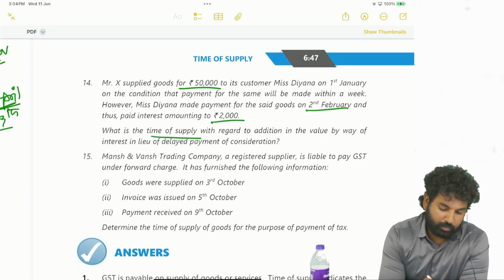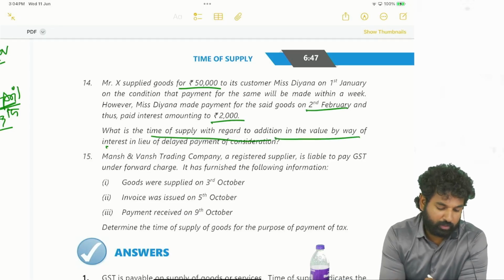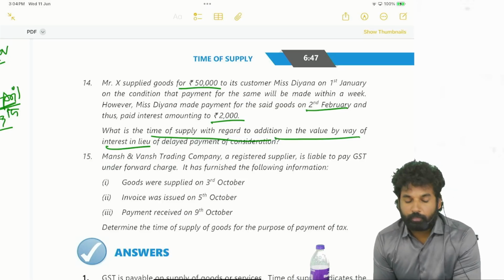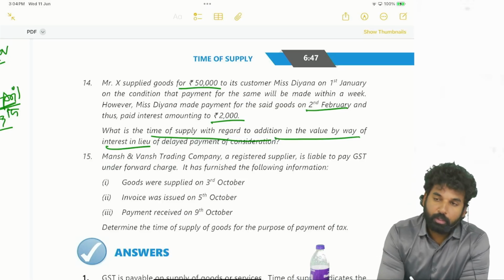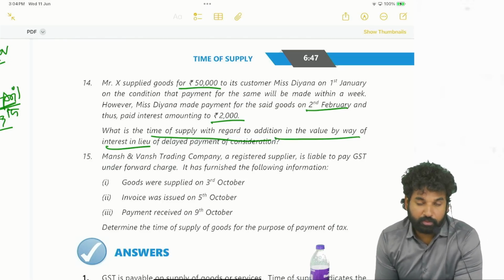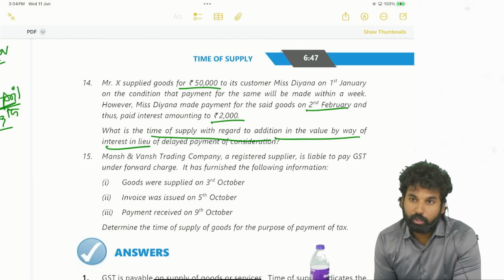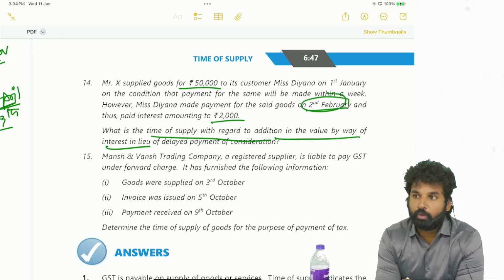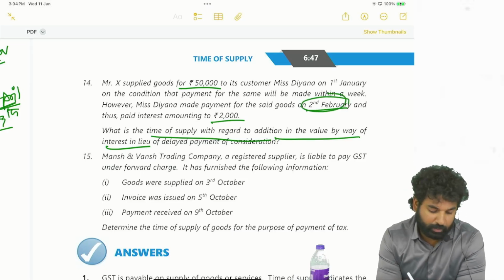So what is the time of supply with regard to the addition in the value by way of interest in lieu of the delayed payment of consideration? 2nd February. Yeah? So whenever you are receiving the interest, that will be the time of supply.